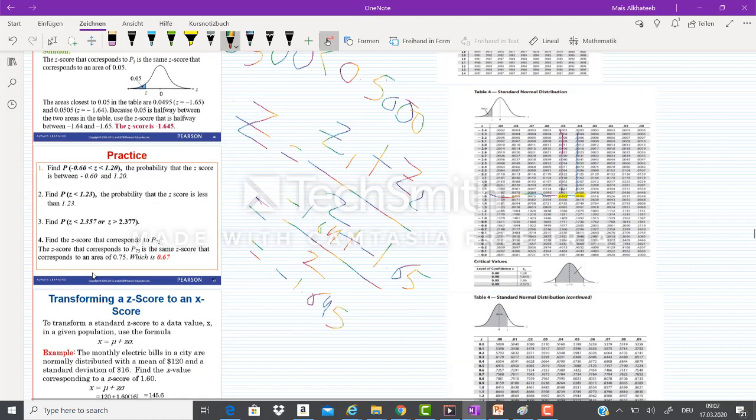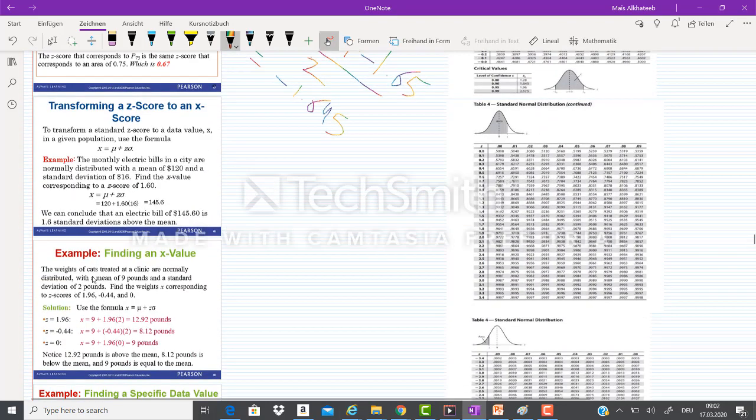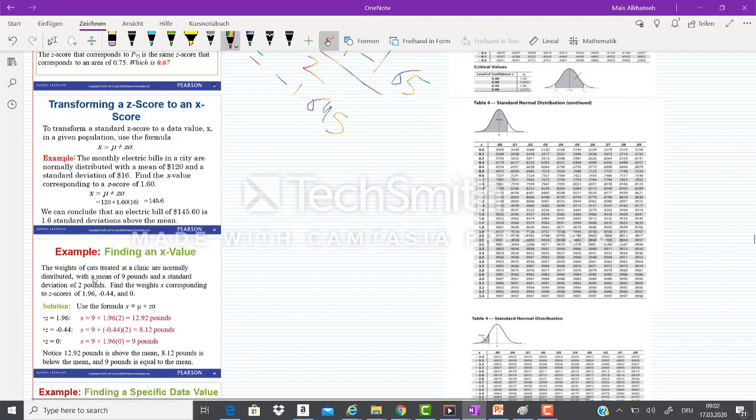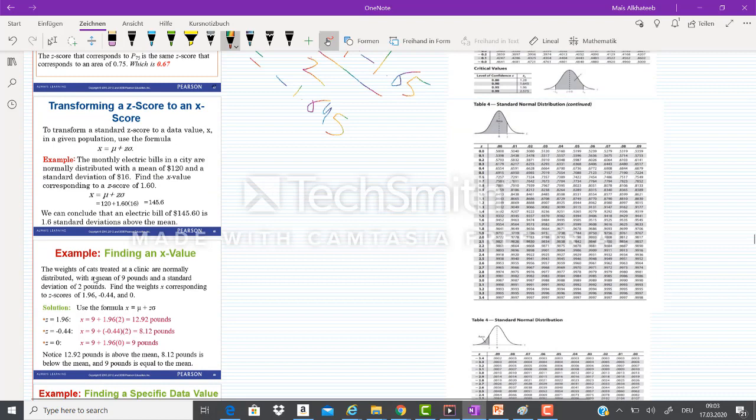Now, what about transferring a Z score to an X score? Now I have learned how, if I have the area, I find the Z. I explained it to you, we practiced this.